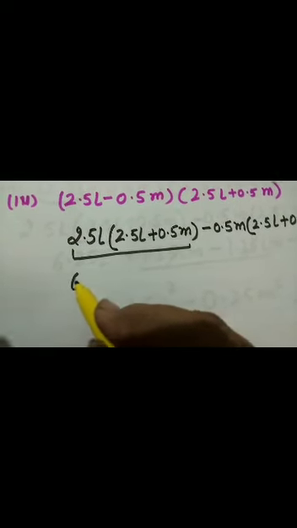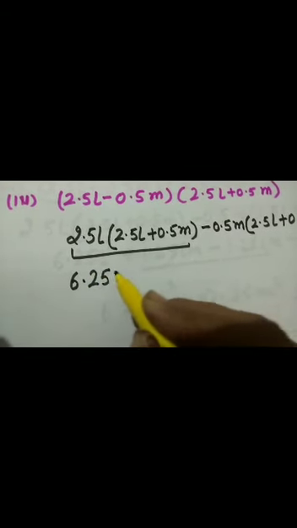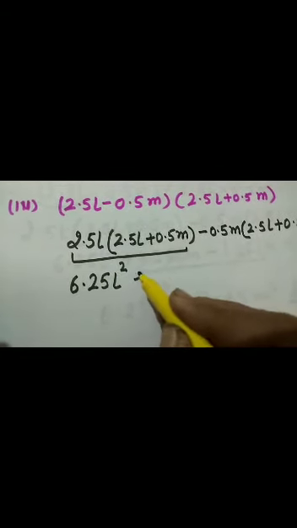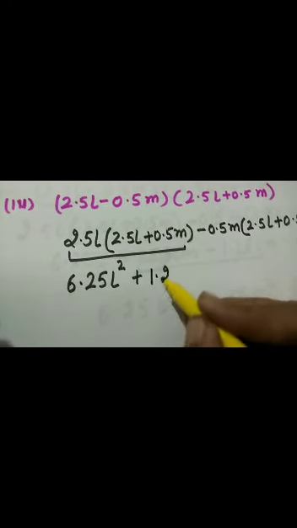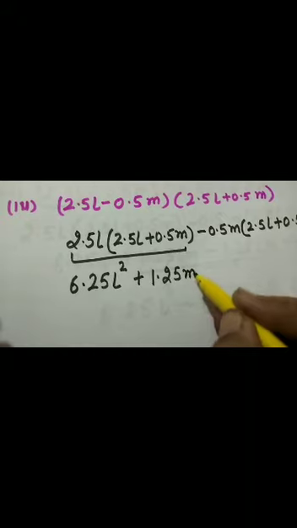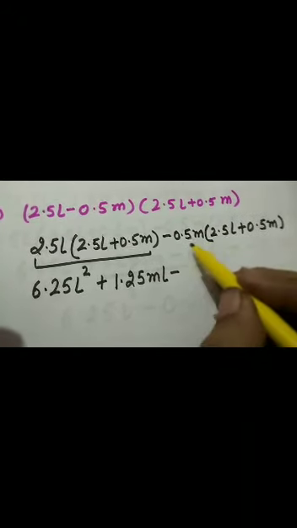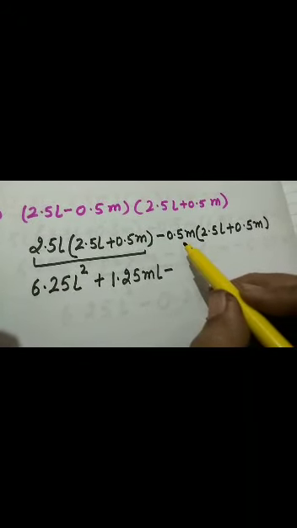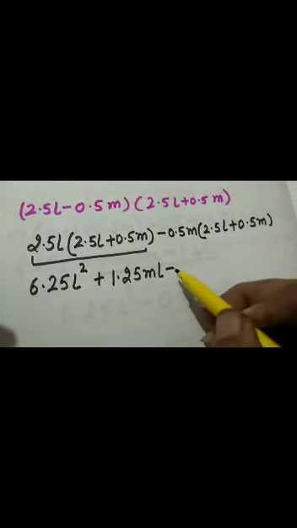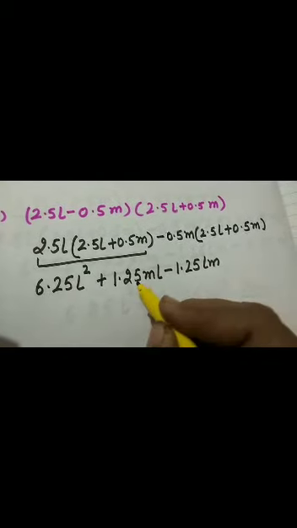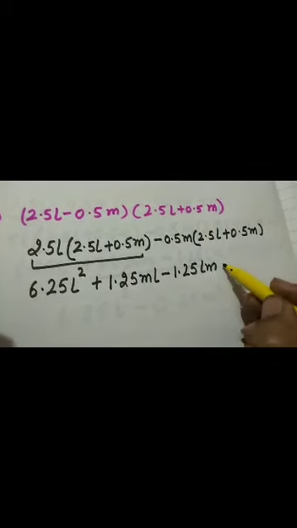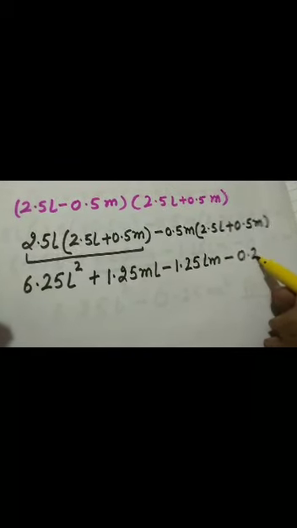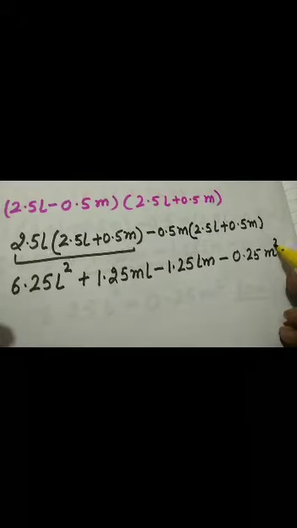Now we'll multiply this part. It will be 6.25L square plus 1.25 ml minus, now these two we have to multiply, one positive one negative sign is there. So on multiplication the sign will become minus 1.25 lm. lm and ml is the same thing, minus 0.25 m square.